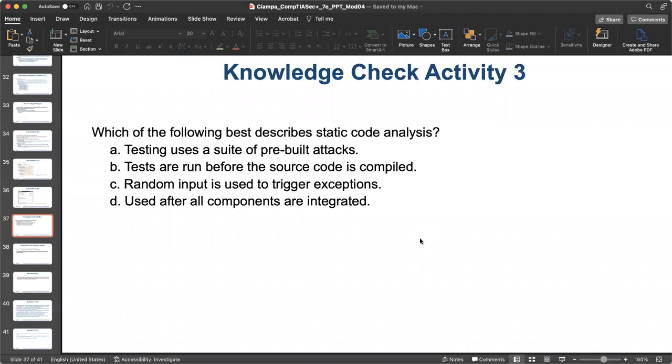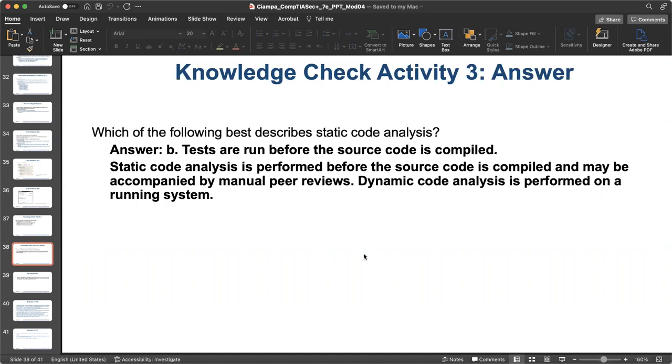So it's B. Any other inputs? Anyone else? Actually, I see in the chat, B. I have a D in the chat. Anyone else? Okay. So the correct answer is B, right? Because in a static, we don't want the code to be running. And this basically is the manual process that happens through the peer reviews.